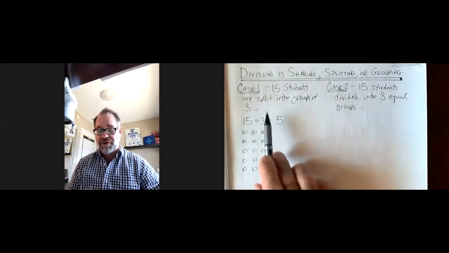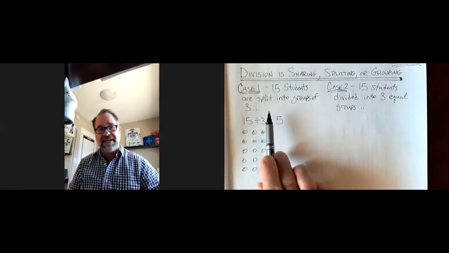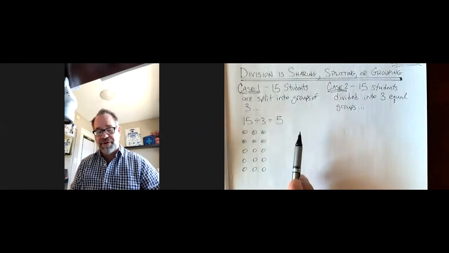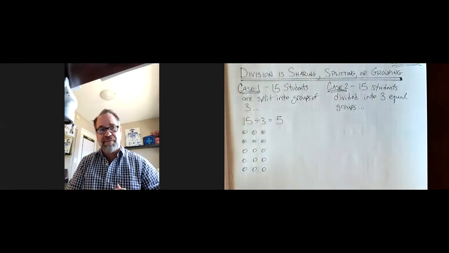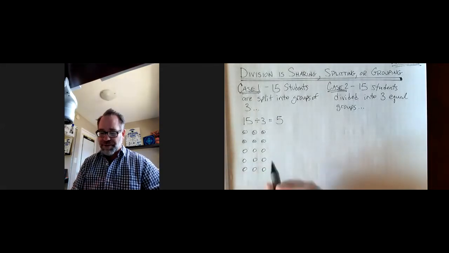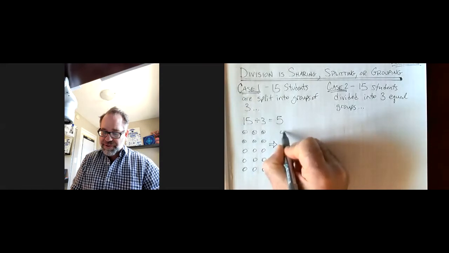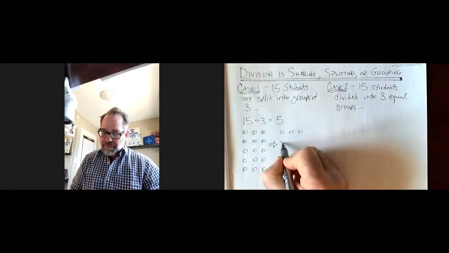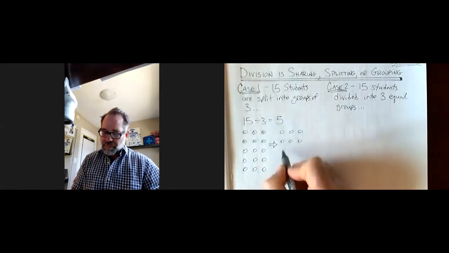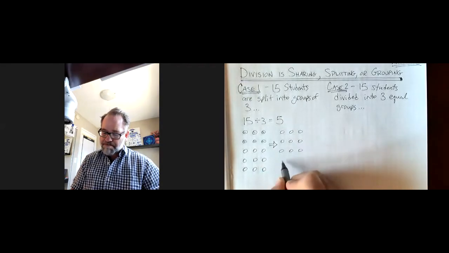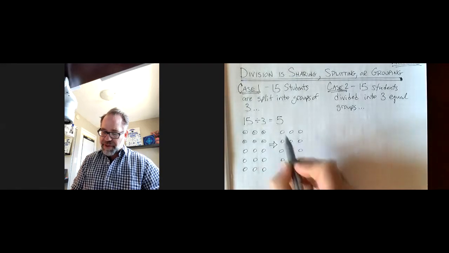And if we're going to draw what it looks like to divide into groups of 3, I want you to think for a minute, how would we show that picture? Well, we would have to show the division so that we would actually have 3 in each group.